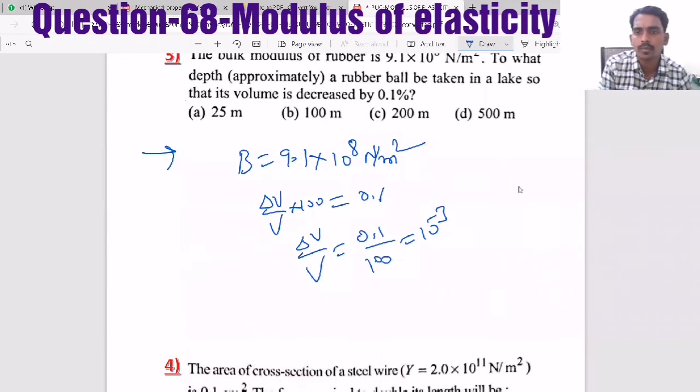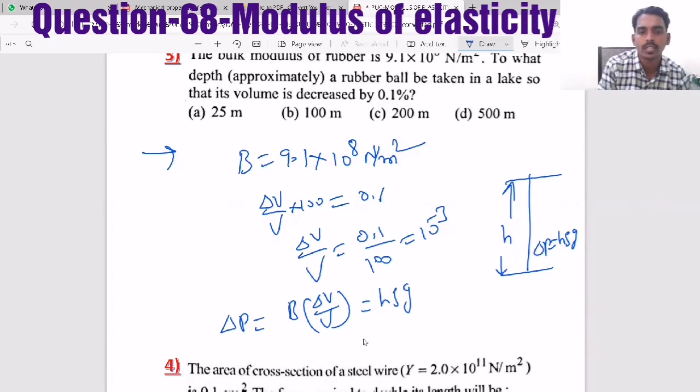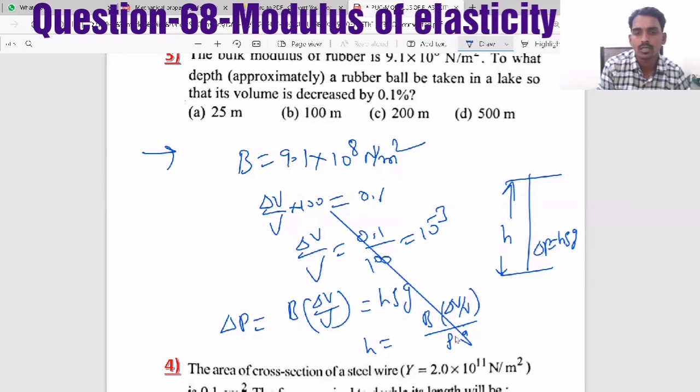When you take it to a depth h, the increase in pressure is h rho g. So delta P will become B into delta V by V. So B is given, delta V by V is given. If you equate it to h rho g, then h will become B into delta V by V, by rho into g. This way you can solve the question.